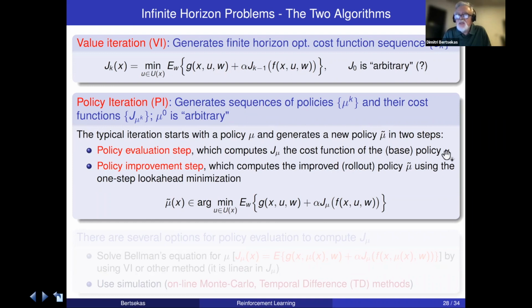So policy evaluation of the current policy, policy improvement by this one step lookahead minimization, where J tilde basically is replaced by J mu, the cost of the base policy. So this is reminiscent of rollout, and indeed a single iteration of the policy iteration algorithm is the rollout algorithm for infinite horizon problems.